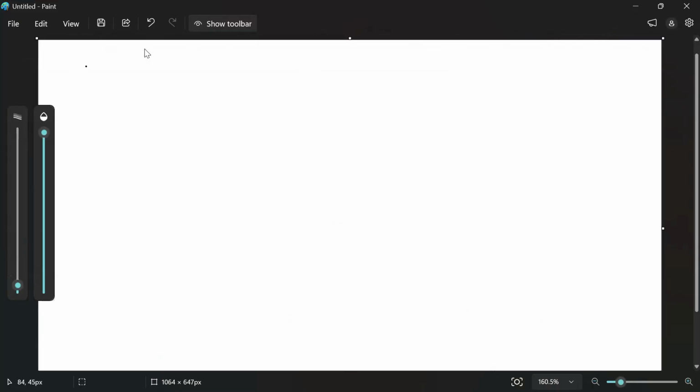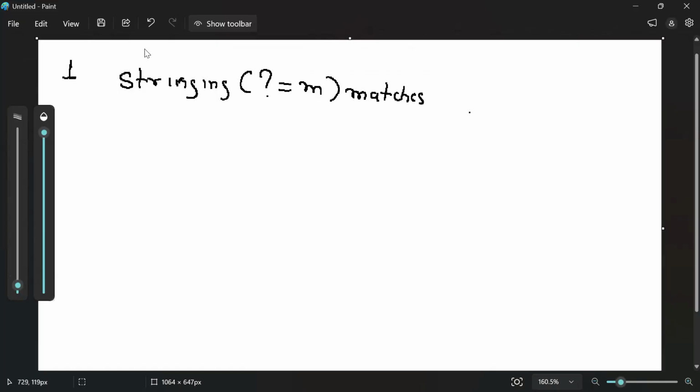So let's understand these examples again. We spoke about the positive lookahead. One example we have is stringing, and then question mark equals to M, and then matches. Another thing we have is stringing, and we only have this string.